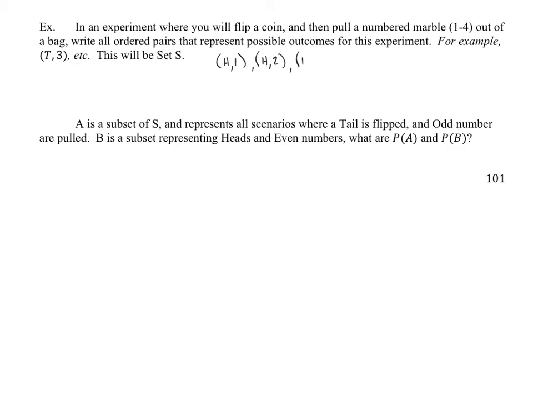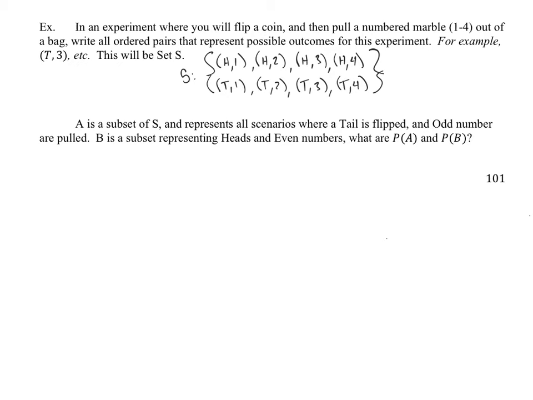You could have heads and a 3. You could have heads and a 4. And you could have all the same for tails. All right. So this is our set S. So what we can do here is show that all of these are our set S.